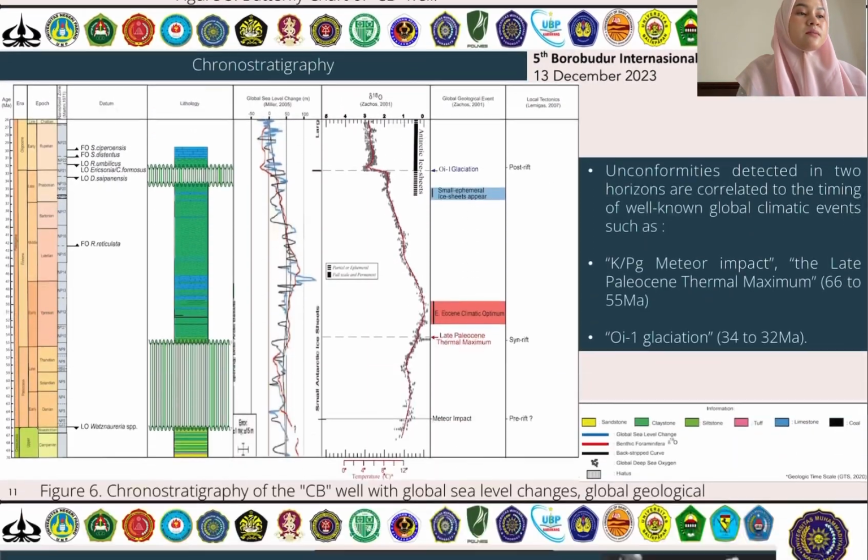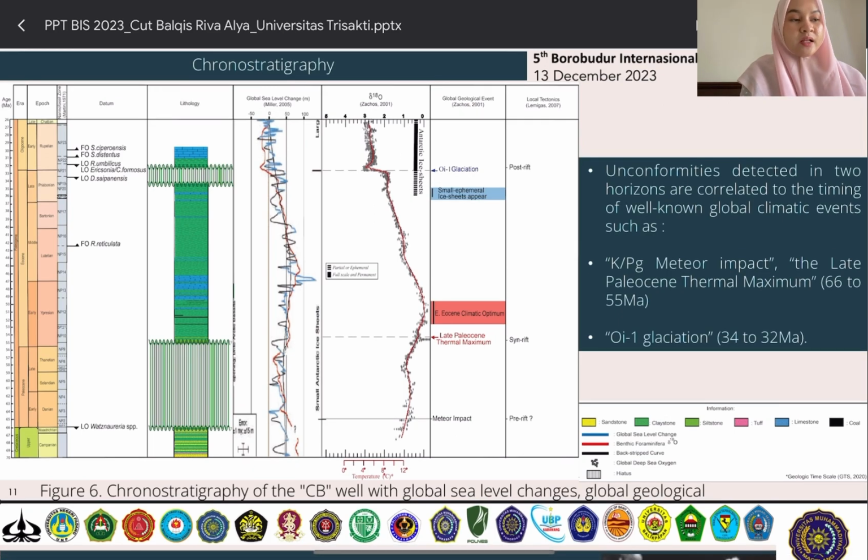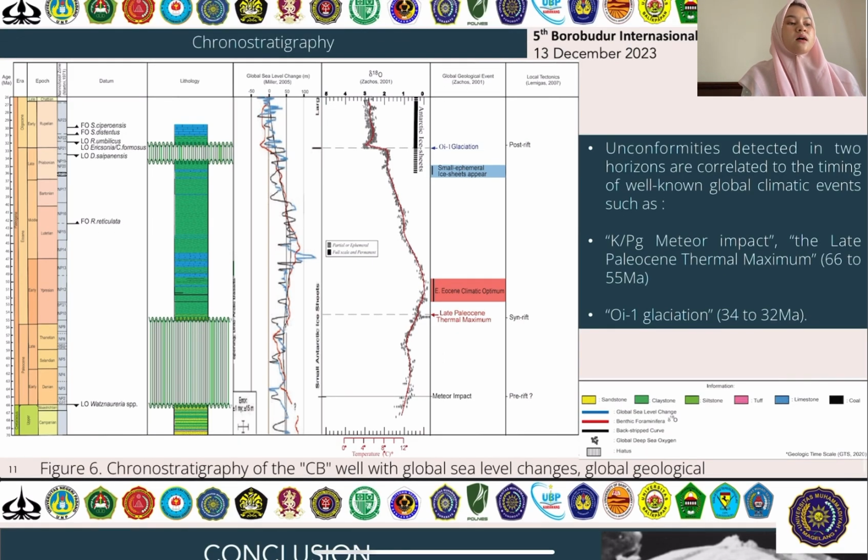For the chronostratigraphy, it can be concluded that unconformities detected in two horizons are correlated to the timing of well-known global climatic events such as the KPG meteor impact, the late Paleocene thermal maximum, 66 to 55 million years ago, and then the Oi1 glaciation, 34 to 32 million years ago.